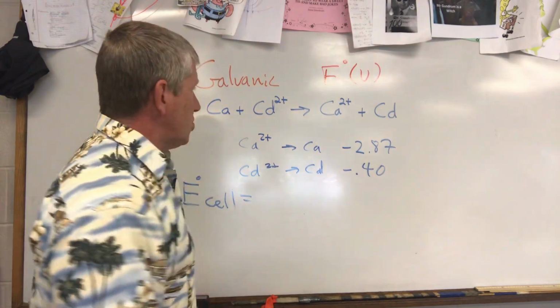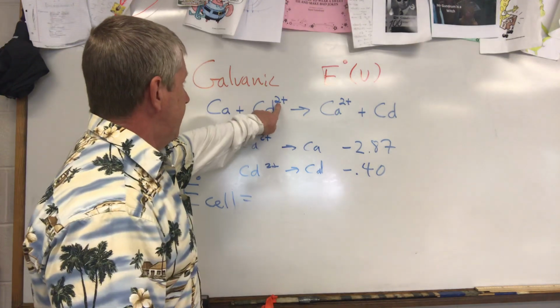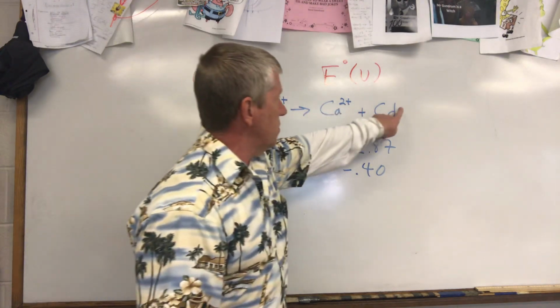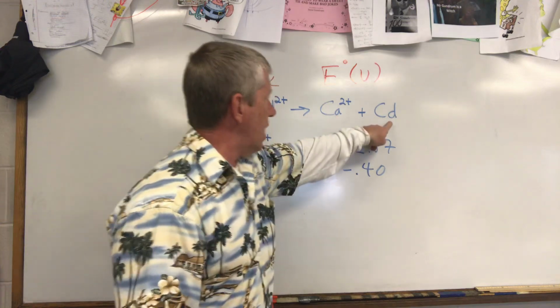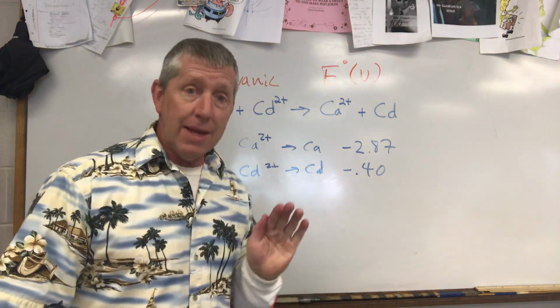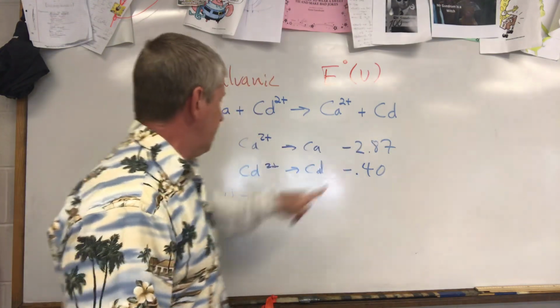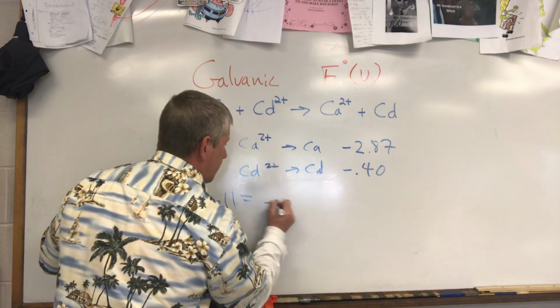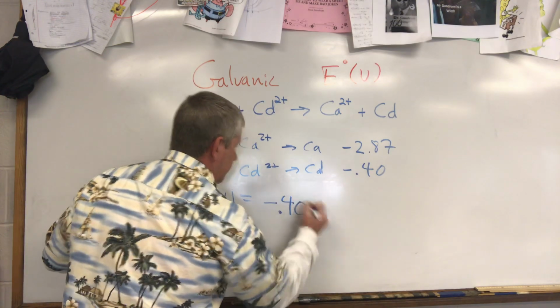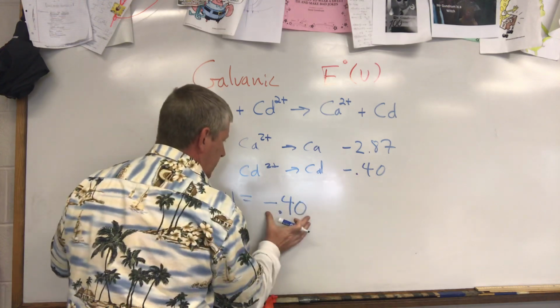Whose number goes down? Cadmium, positive 2 to 0. That one is undergoing reduction. That one, E at the cathode, gets written first. Cadmium's reduction potential gets written first.